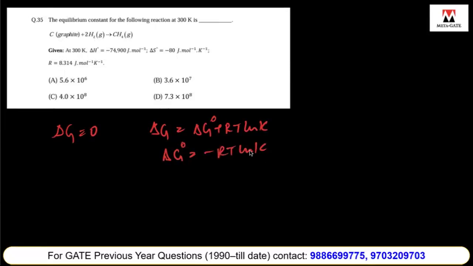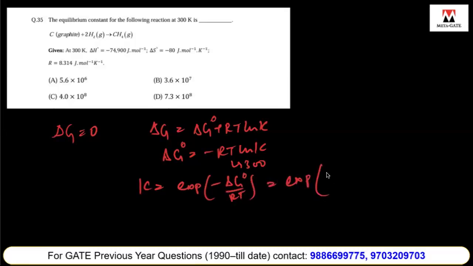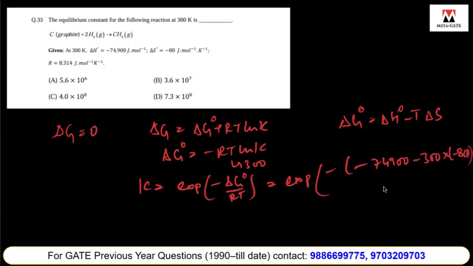So now you need to find the equilibrium constant at temperature 300. So K is equal to exponential of minus delta G naught by RT. The delta G naught value can be written as delta H naught minus T delta S. So, minus of minus 74,900 minus 300 into minus 80, divided by 8.314 into 300.